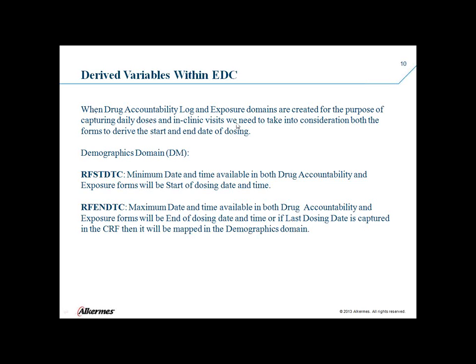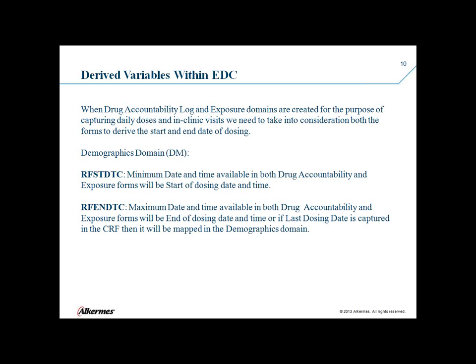For example, the drug accountability log and exposure domains are created for the purpose of capturing daily doses and in-clinic visits. We need to take into consideration both forms to derive the start date and end date of dosing. Reference start date is RFSTDTC, which is the minimum date and time available in both the drug accountability and exposure forms, and will be the start of the dosing date and time.